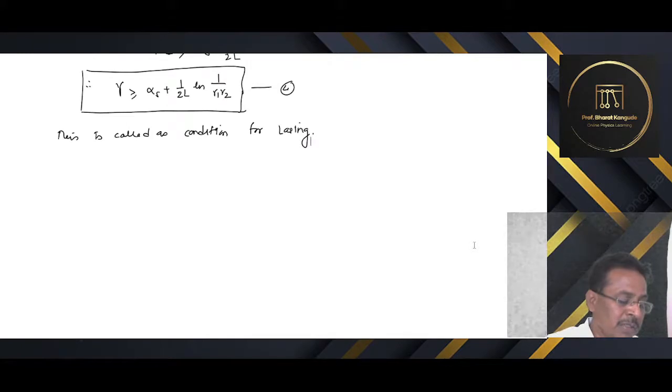So it shows that the initial gain must exceed the sum of losses in the cavity. Whatever losses there are in the cavity must be balanced by this particular gain. This condition is used to determine the threshold value of pumping energy necessary for lasing action.